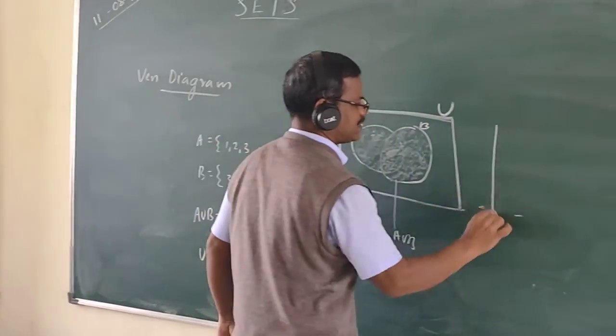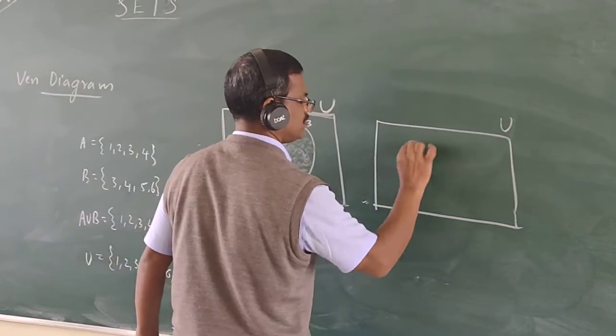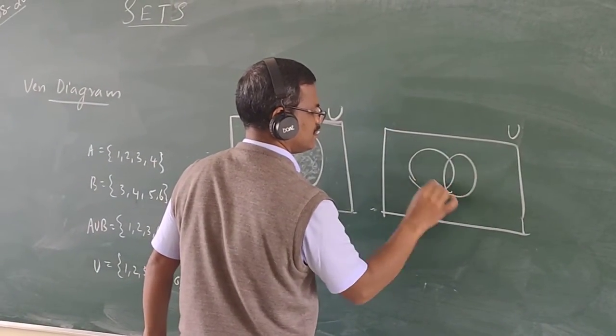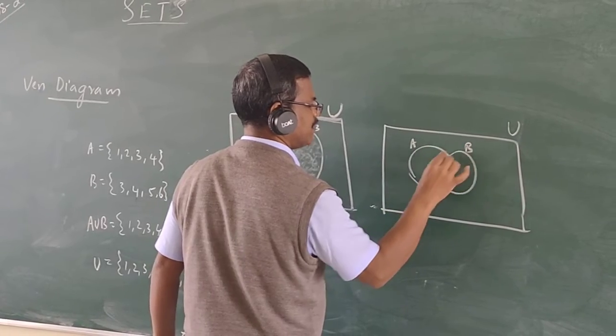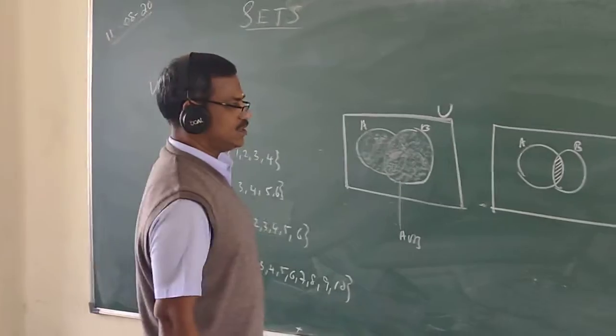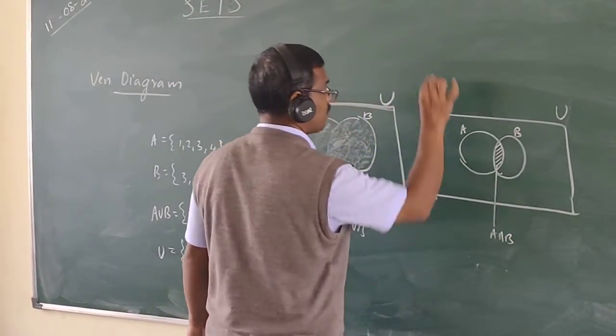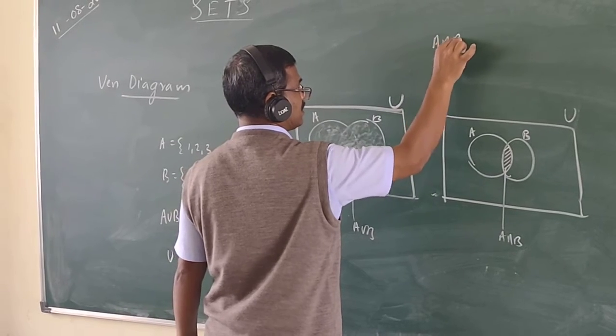Now the same thing I just write here. This is A and this is B. This is a common point for both. So this is actually A intersection, because our definition for intersection is what?